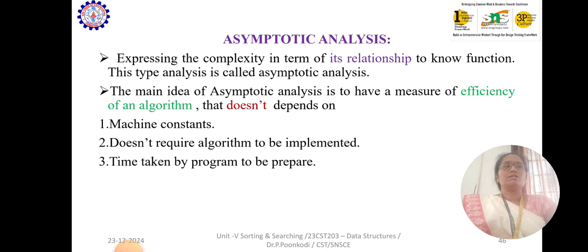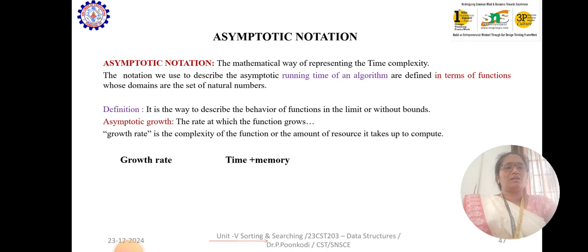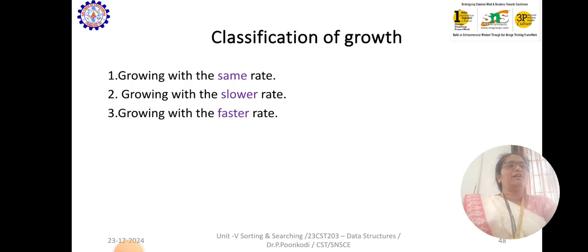Basically, this notation is used to compare time and space complexity, and it is machine independent. It does not require the algorithm to be implemented, and it focuses on time and space complexity. The different types of notations are big O notation, omega notation, and theta notation.